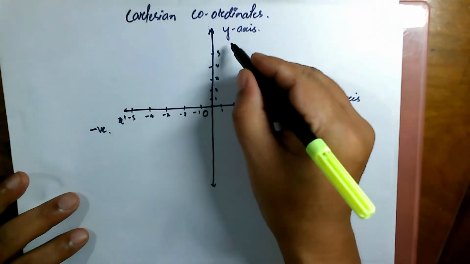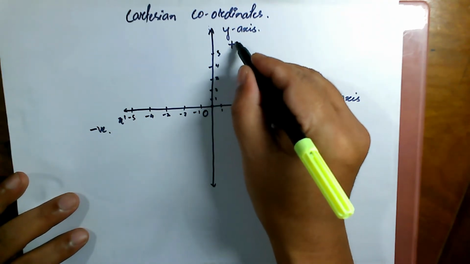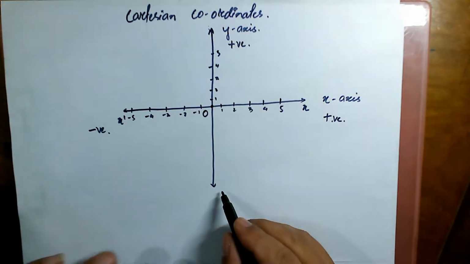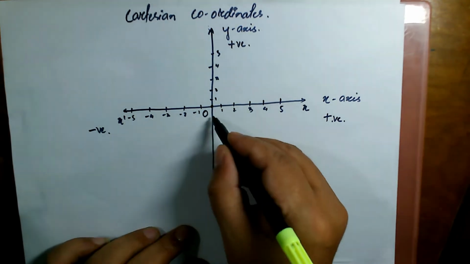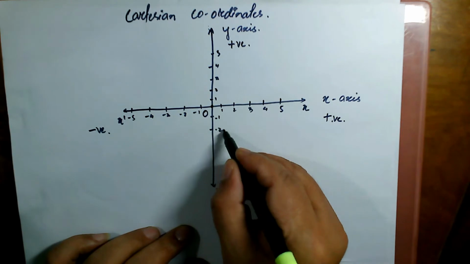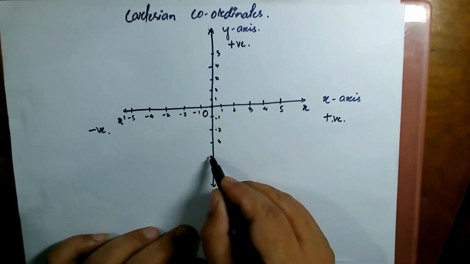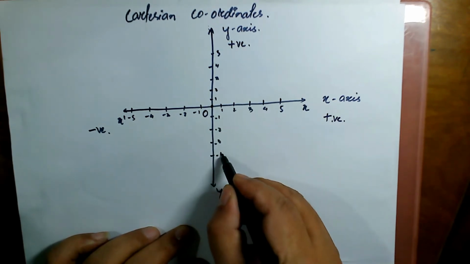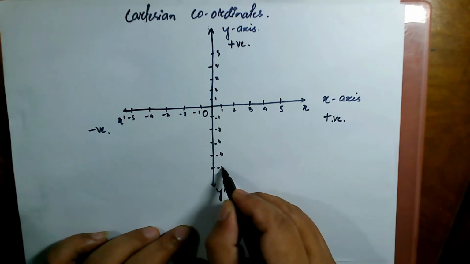This side will always be positive. And y dash, that is the opposite side of y, minus 1, minus 2, minus 3, minus 4, minus 5.